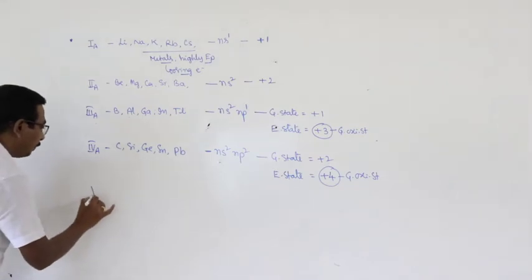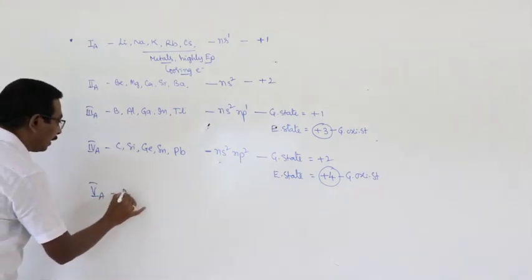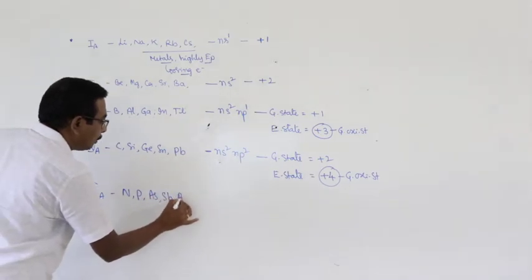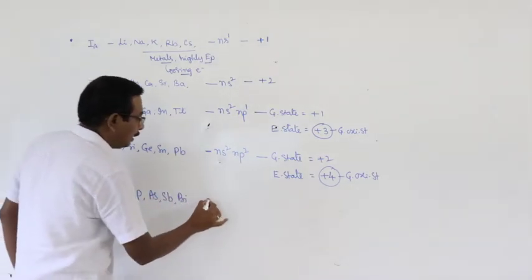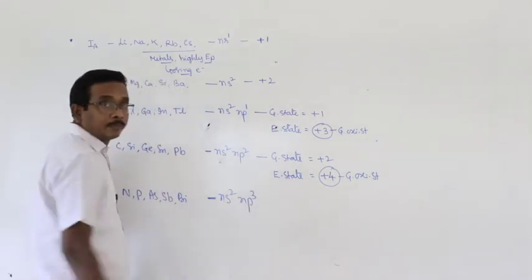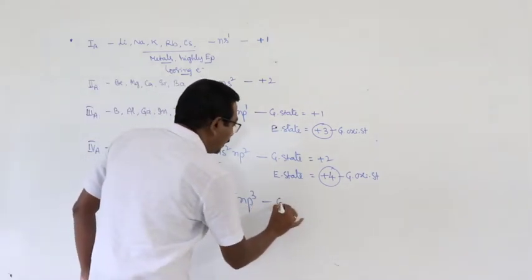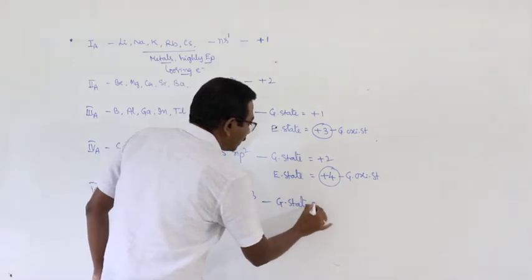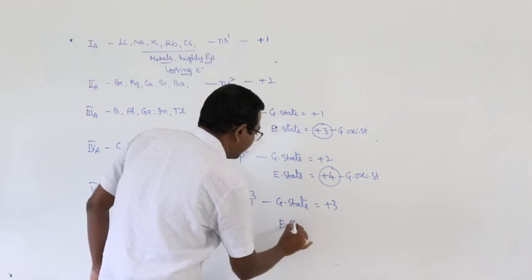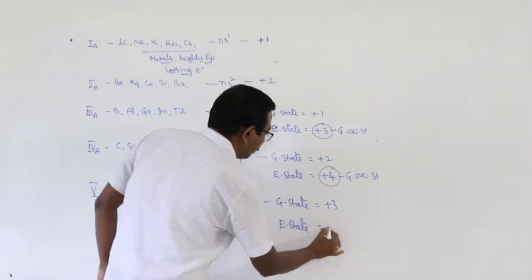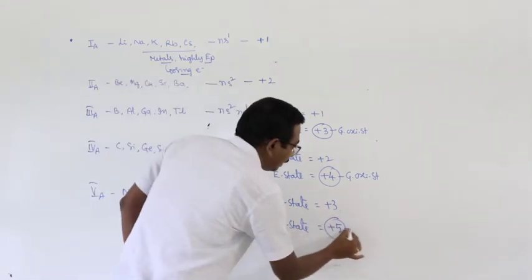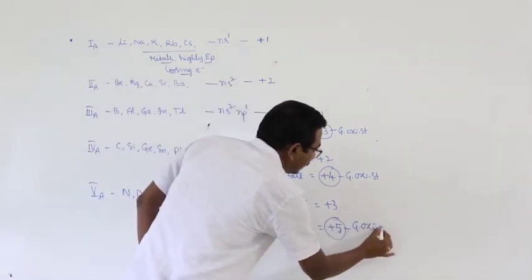And in fifth group elements, nitrogen, phosphorus, arsenic, antimony and bismuth, general electronic configuration ns2 np3. In ground state, they exhibit the oxidation state +3. In excited state, +5.